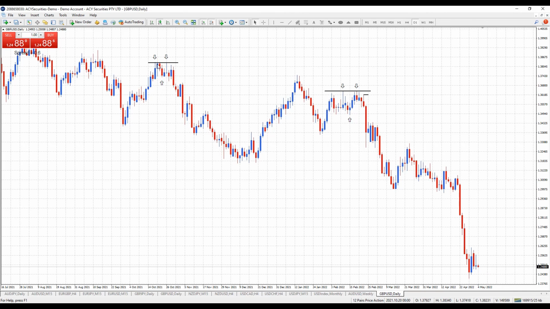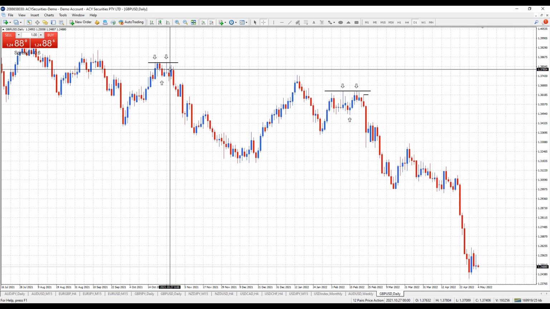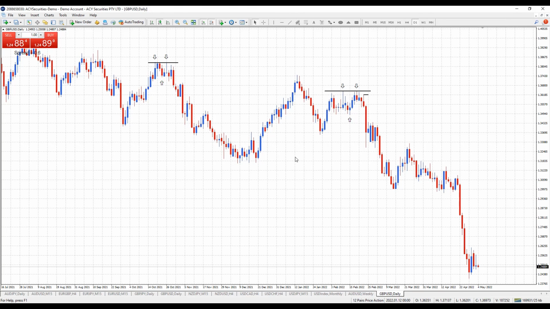There was another double top over here, and getting in, that moved down to where it bottoms over 600 pips. So identifying these patterns on the day chart or even the weekly chart is going to show you where strong price reversals happen, and then gives you the opportunity of setting yourself up for a trade with the potential for an excellent risk to reward.